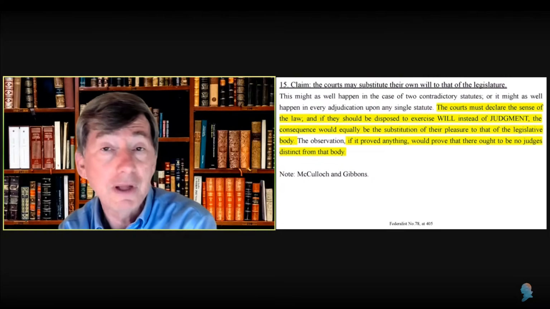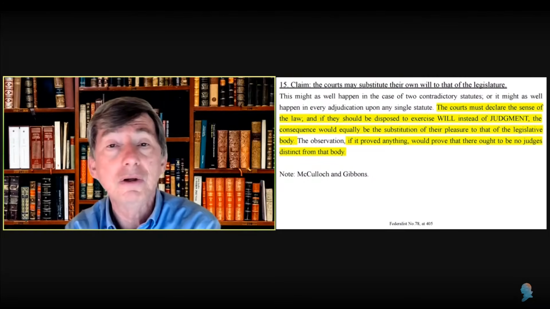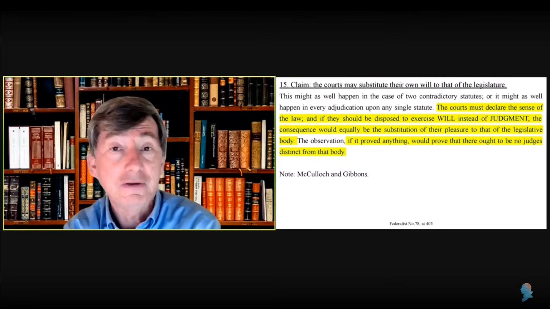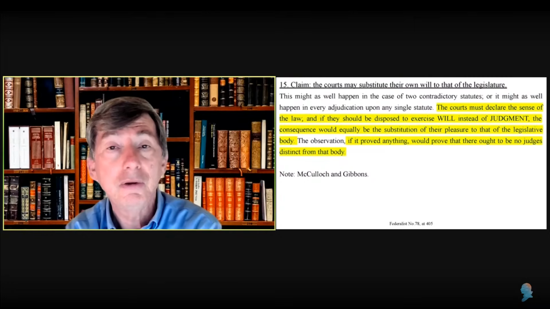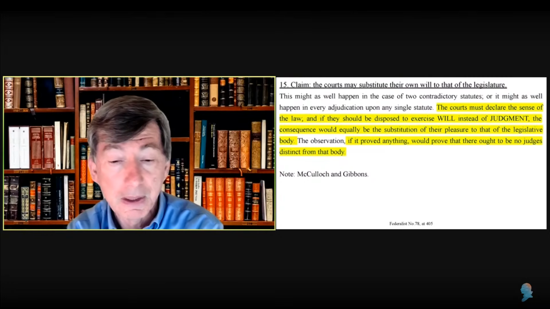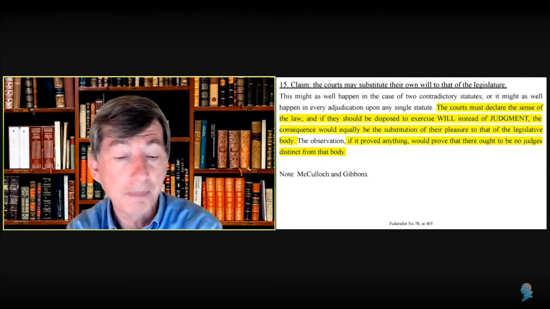That's really what we have today in many cases. The notion of the living Constitution proclaims that judges ought to be substituting something to the text to update it. If it proved anything, it would prove that there ought to be no judges distinct from that body.